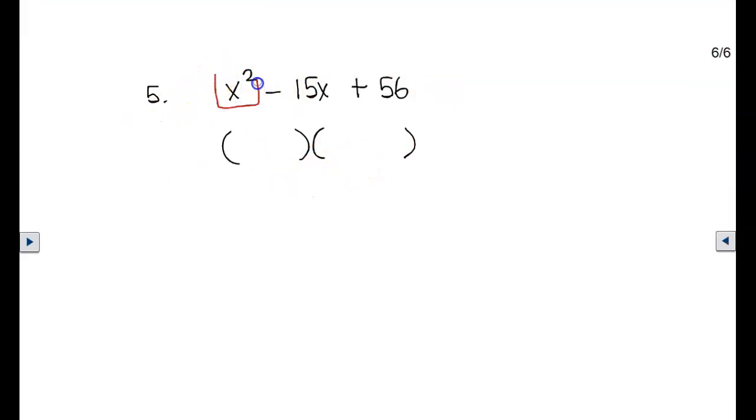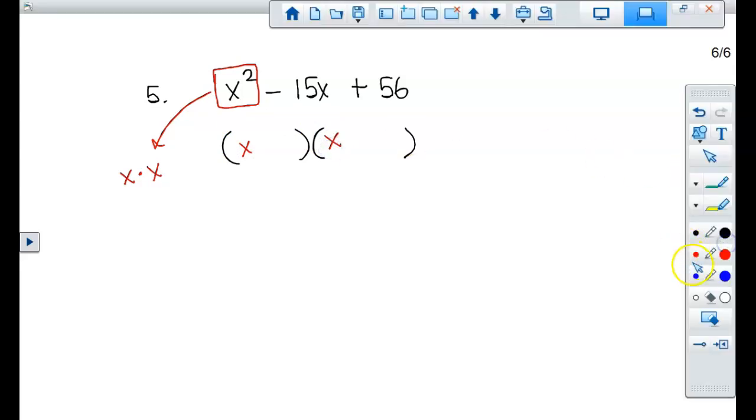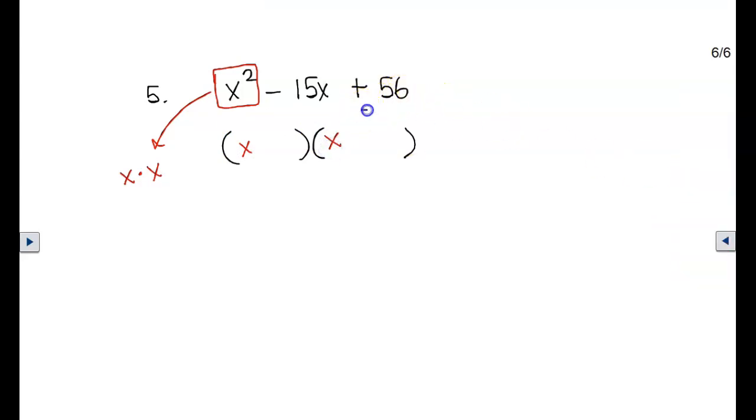All right, first thing I'm going to do, I'm going to start with this first term of x squared. For today, there will always be only one way to get it, x times x. So we're going to put an x in each set of our parentheses. Now we pop down here to the end and we see that we're looking for numbers that will multiply to give us a positive 56.